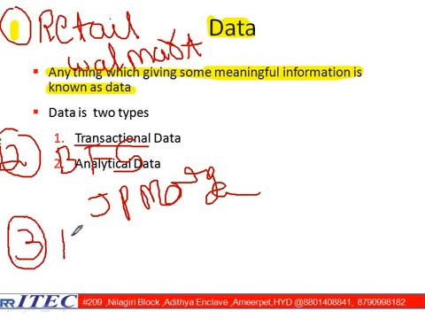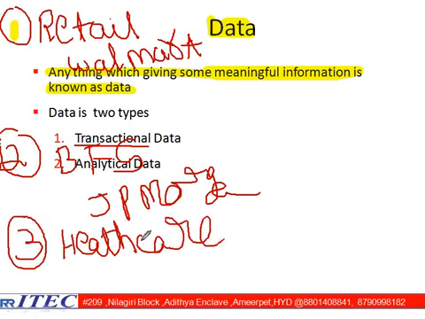Let us go for the third type of business area. I'm taking, let us say, healthcare as one of the business areas available. So healthcare means what exactly you are going to do. Suppose someone is not feeling well, or he wants to take some insurance for his whole family. Then what will happen, sir?